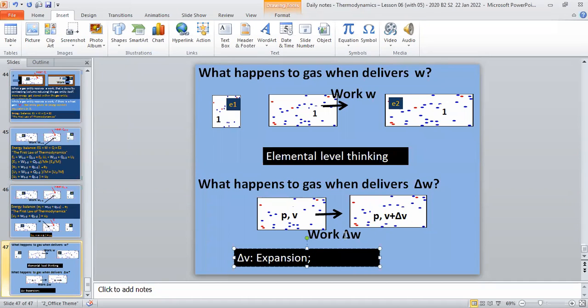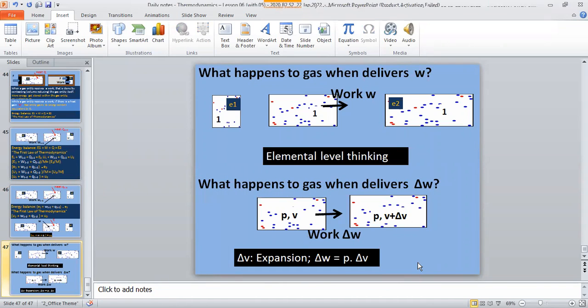And what happens is, this delta W, you can show that, becomes P times delta V. This delta W is equivalent to P times delta V.